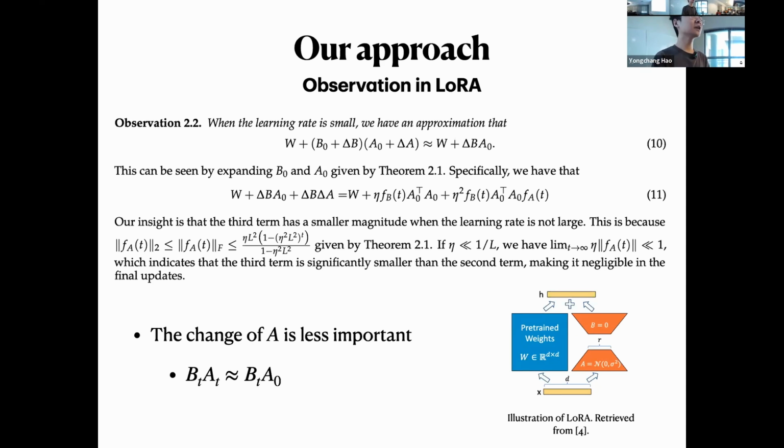If we reuse the condition there, which is basically that the learning rate is small enough, then we can get the norm of this part times the learning rate being much smaller than 1. So what does that mean? It means that if you plug this into this equation, you'll find that the third term plays little importance in this form.